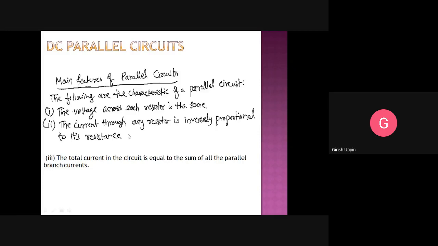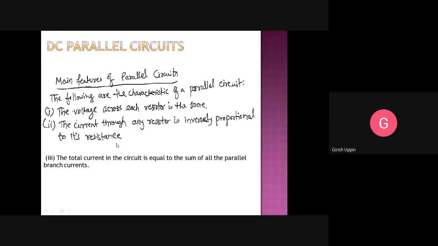What it says is, current through any resistor is inversely proportional to its resistance. Means current and resistance are inversely proportional. More current will flow when resistance is less. Less current will flow when resistance is more. That is how the current through each resistor is inversely proportional to its resistance.